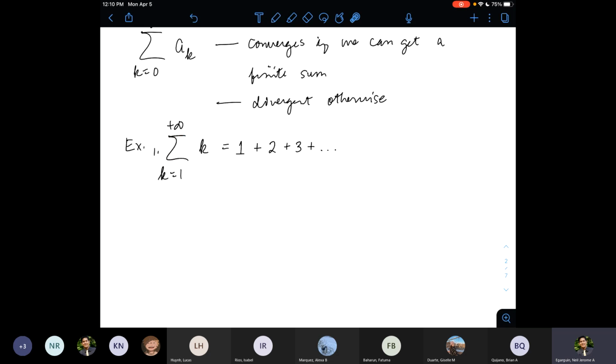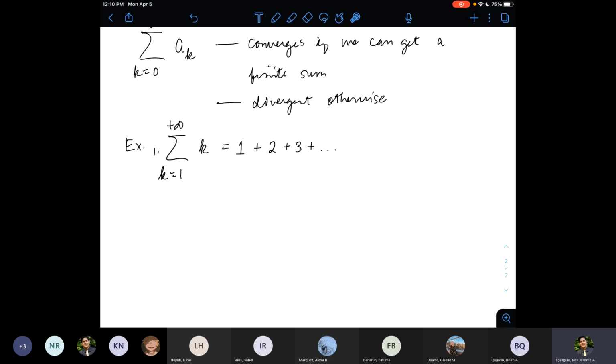So there would be an infinite amount of terms in here, but the pattern goes like this. We need to take 1 plus 2 plus 3 plus 4 plus 5 and so on until infinity, right? I'm using "until infinity" in quotations, but essentially it would be a never-ending sum, right? And imagine what will happen. 1 plus 2 plus 3 plus 4 and so on.